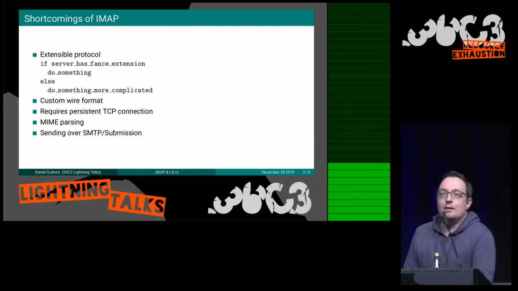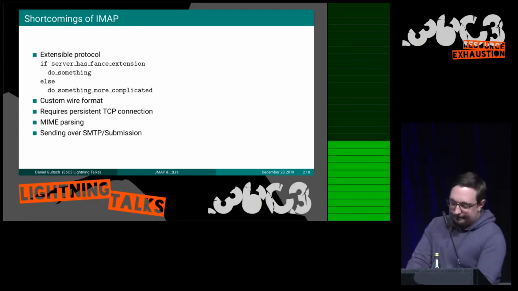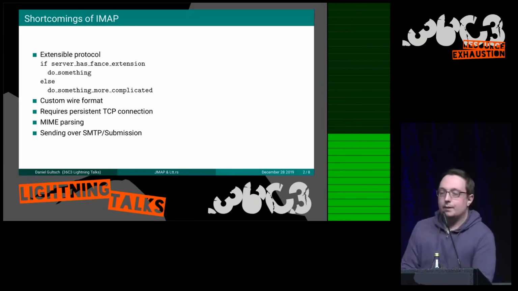Furthermore, IMAP doesn't use any of the well-established serialization formats like JSON or XML, so you cannot even use a stock library to parse the wire format. Even if you get through all that mess, you still have to deal with MIME parsing, which is another complicated thing. And also, sending emails requires yet another protocol.